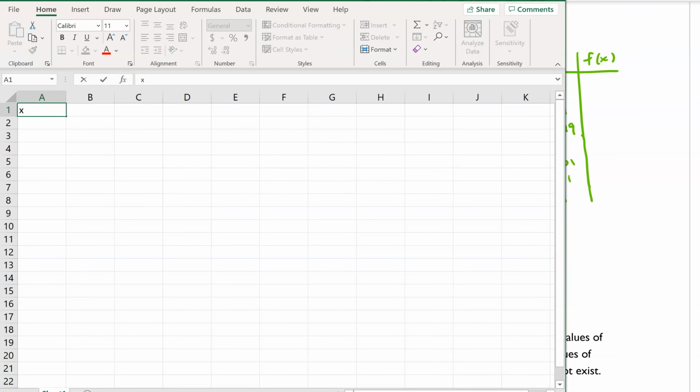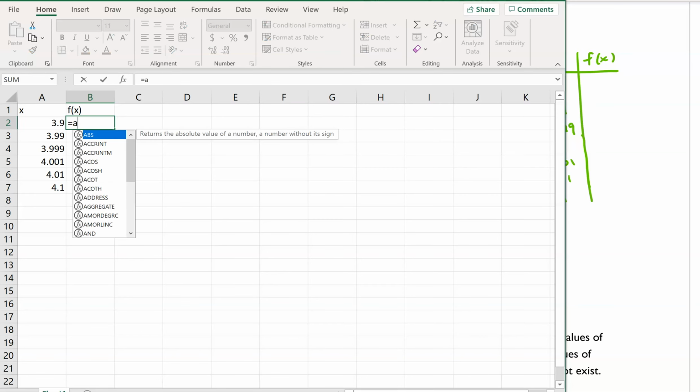So I'm just going to label this x, this y. So this is my xy table, or sorry, I keep calling it y. Maybe I should call it f of x. So I'll put 3.9, 3.99, 3.999, 4.001, 4.01, 4.1. And then what I want to do is I'm going to type equals ABS.